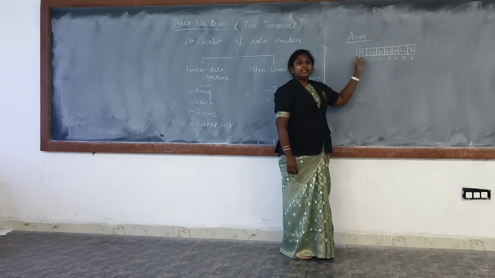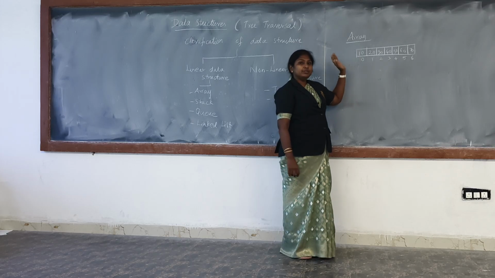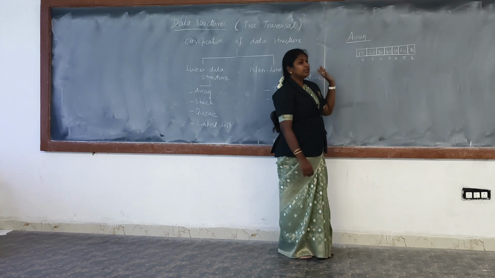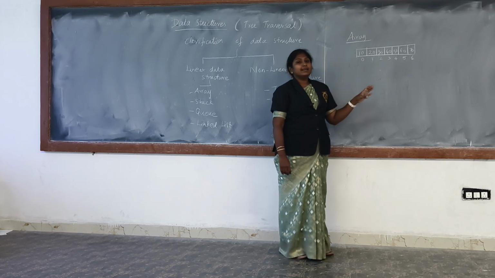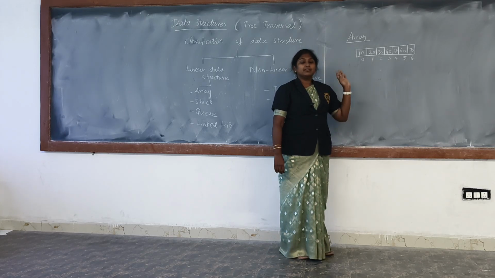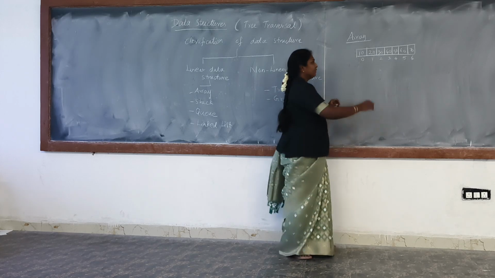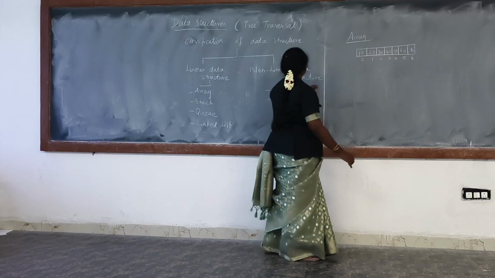If I am storing integers, the array stores only integers. If you are going to store decimal point numbers, it stores only decimal point numbers. So you cannot mix the data types inside an array. Array can store only a single type of element. So this is what an array is.